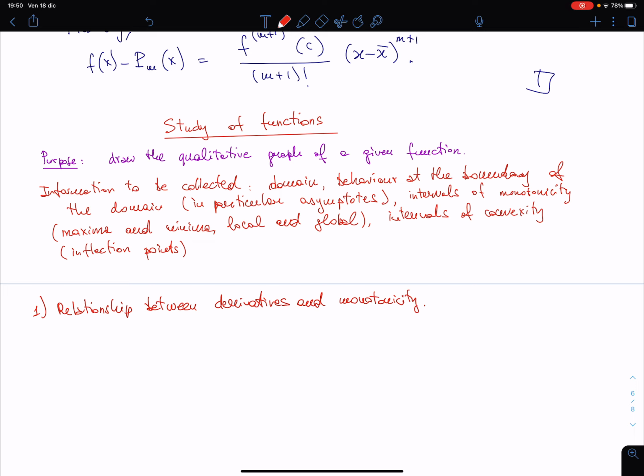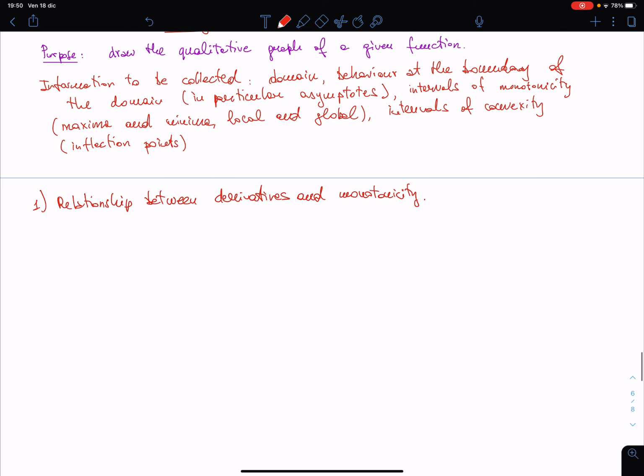So the theorem is the following. You have a function f differentiable in AB.